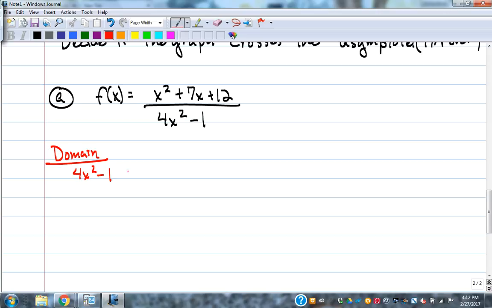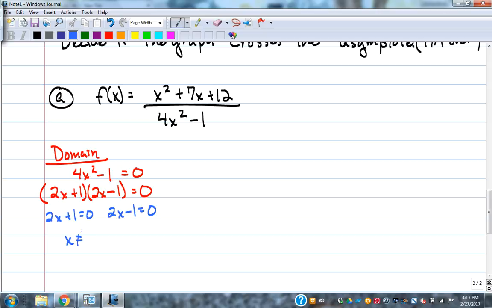We happen to know that 4x squared minus 1 factors as 2x plus 1 and 2x minus 1. It's a quadratic, so the methods for factoring a quadratic are what we're using there. And then I could set each of those equal to 0.